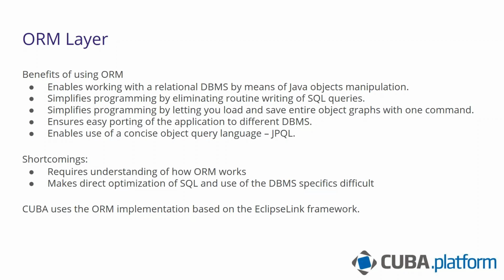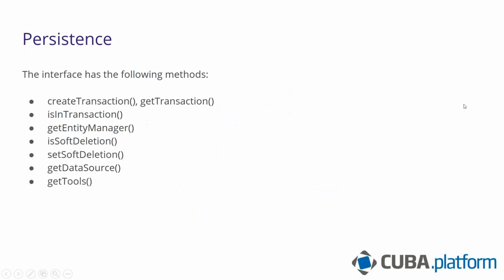Okay, now let's talk about the main interface of ORM layer. The main interface of ORM layer is Persistence. Persistence is the special Java interface for your database operations.